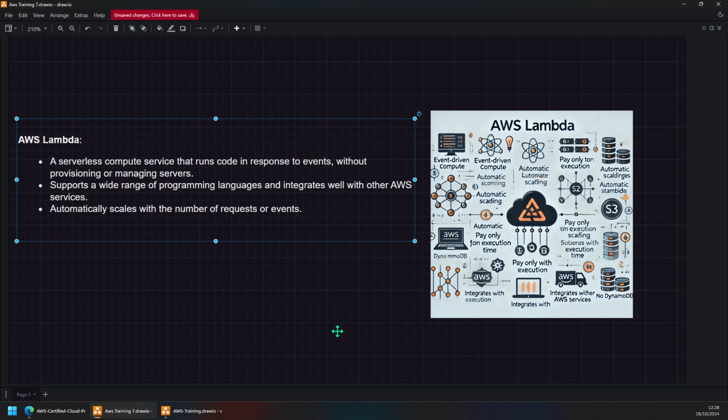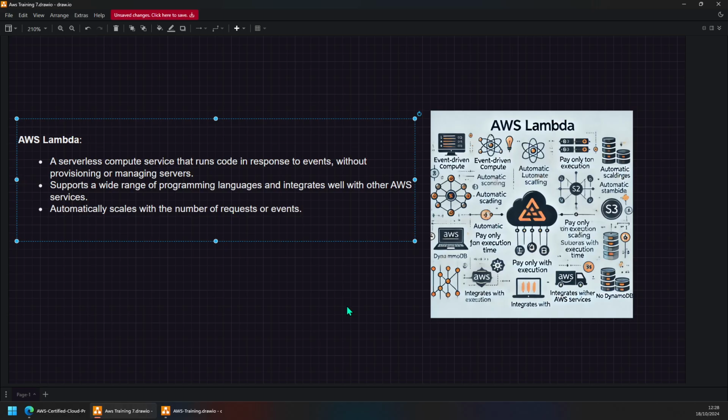Now, in terms of ideal use cases, you can use Lambda when you need code to be executed in response to events like API requests, file uploads, or database changes. Then you can have a Lambda function executing these code changes.